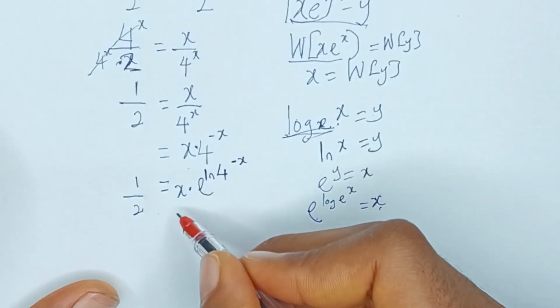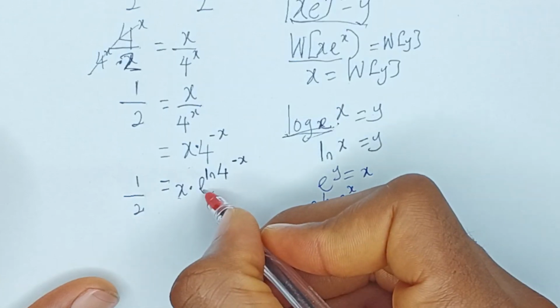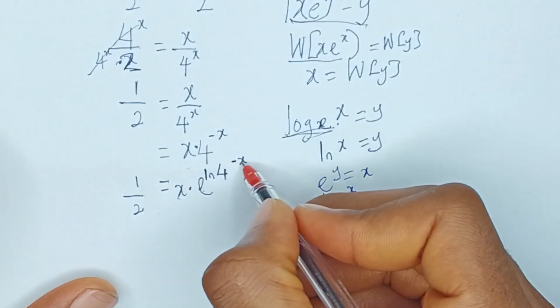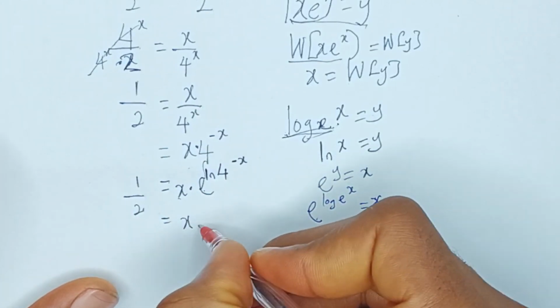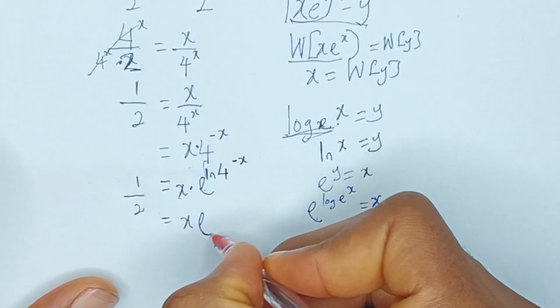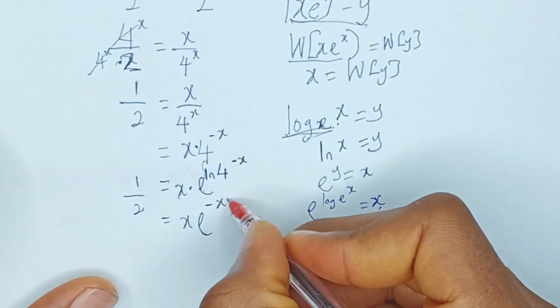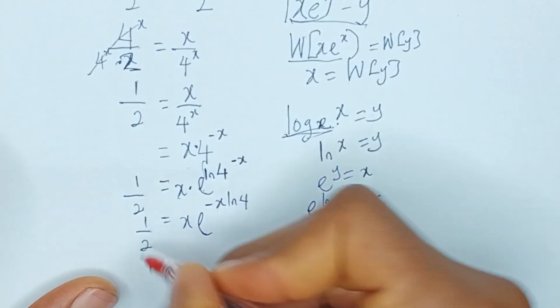At this point, you can now see that we have x here multiplying e, but then we don't have raised to power x here. So now simplifying this part of this logarithm, we have x multiplied by e. Now ln 4 raised to power negative x becomes negative x ln 4, and this is equal to half.